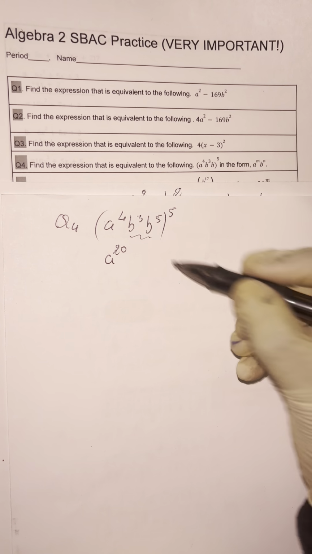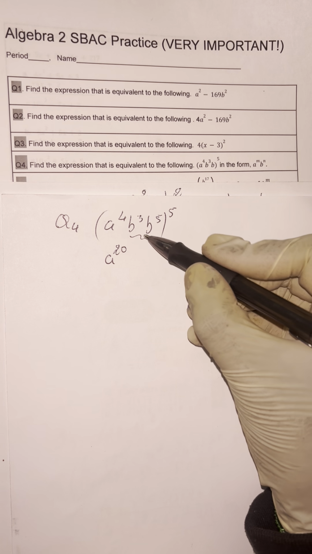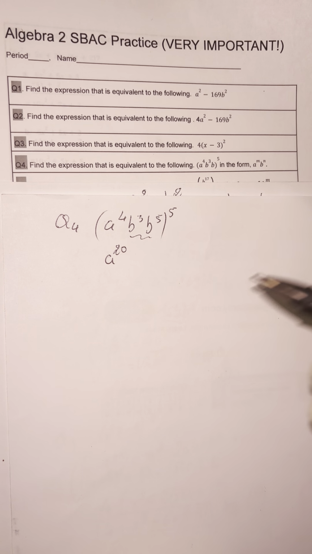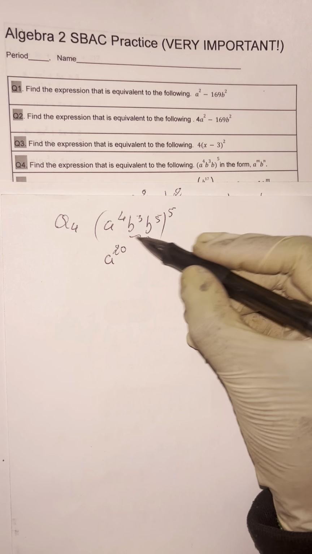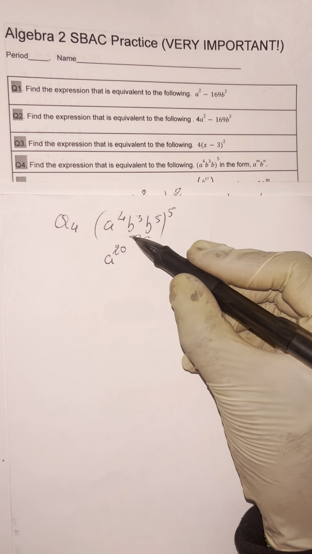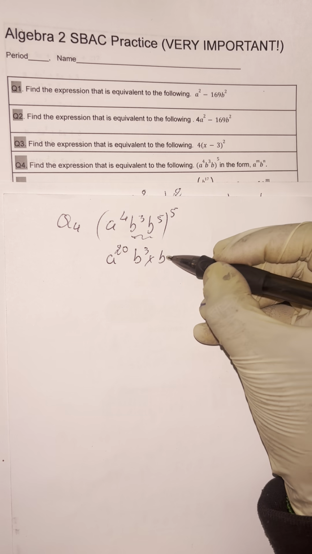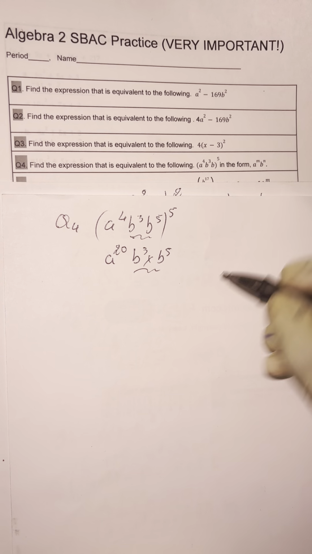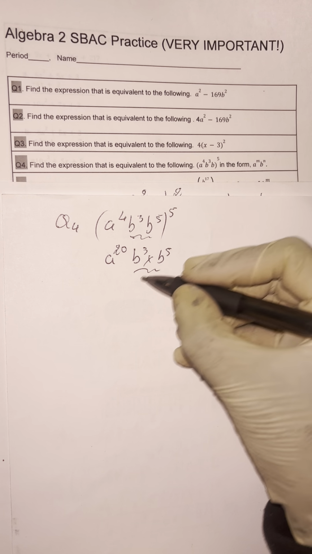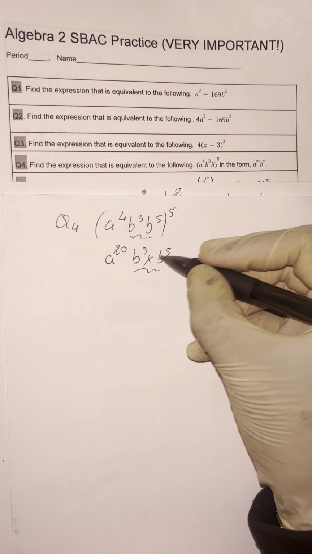And then the b, before we multiply the 5, I like to group the b together. So I'm going to multiply these two: b to the power 3 times b to the power 5 is simply going to turn into b to the power 8, because you add the exponents.